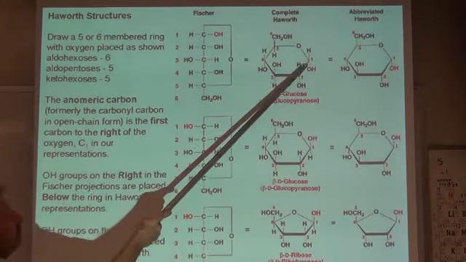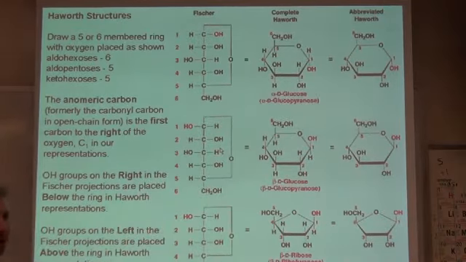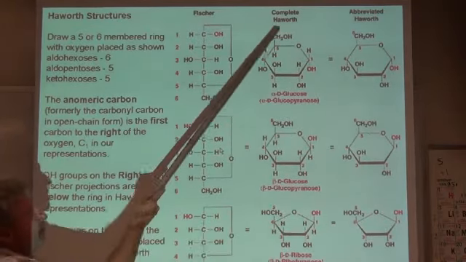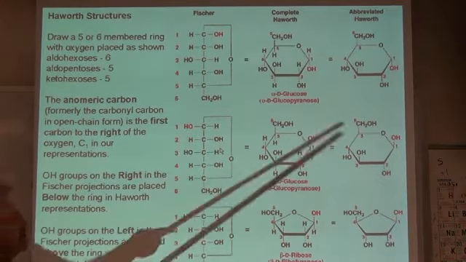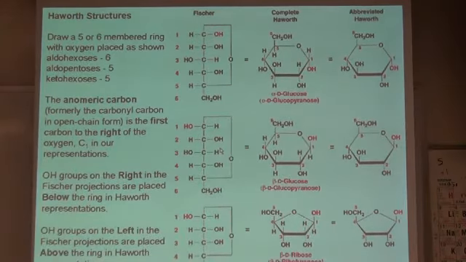Now, you don't have to worry about hydrogens. I don't think they're drawn on most of the Haworths. These are Haworth projections. You'll see the OHs though. The Haworth structures tell you the geometry of the OH groups at each carbon once the ring closes.